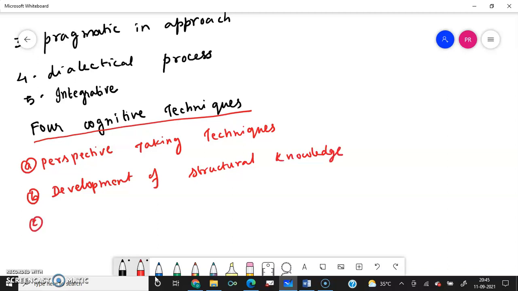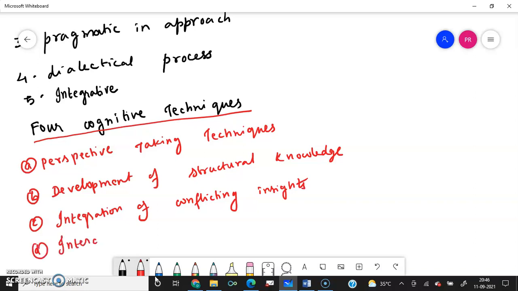Third one is integration of conflicting insights. Interdisciplinary understanding.